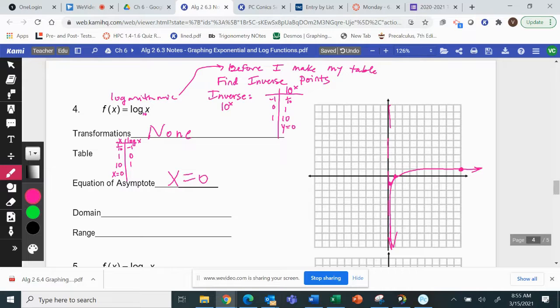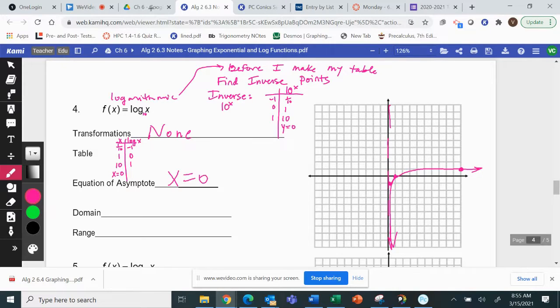Our domain and range are also switched from the way they were in exponential. So for this one, because our equation of the asymptote is x, that's the thing that has a smaller domain and range. It's the asymptote that affects it. Since it's x, that's going to affect our domain.